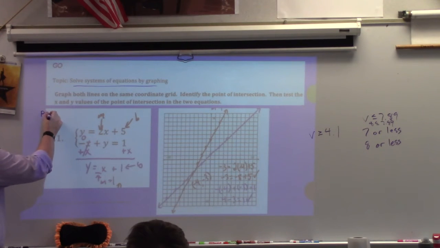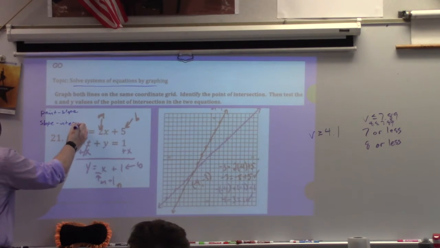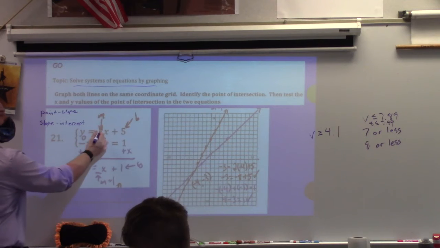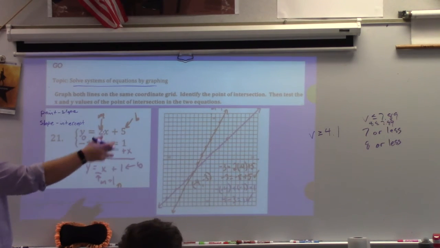There's point slope, and then there is slope intercept. Which one is this? Point slope. What do you think the point would be in this case? 5. Is 5 on its own a point? 2x. But remember, we're multiplying there, so that's repeated addition, which an additive rate of change is a slope.